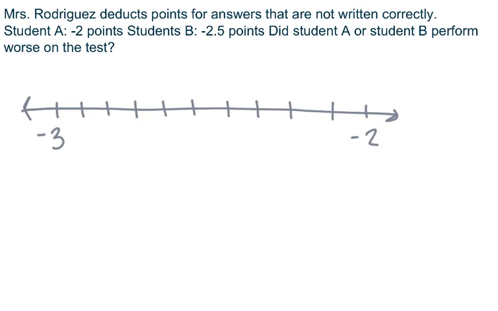Since both our numbers are negative, I'm only focusing on the part of the number line that is between negative 2 and negative 3. And student A received negative 2 points, and student B received negative 2.5 points, and negative 2.5 is going to fall halfway between negative 2 and negative 3.